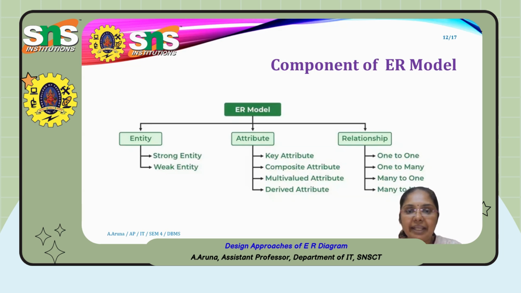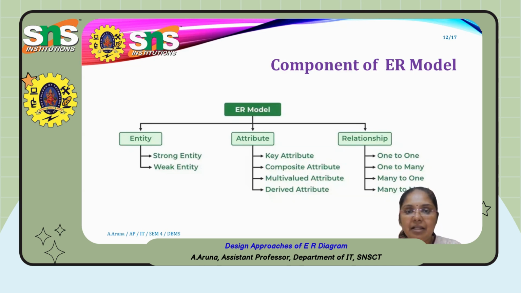For example, if you take an address, it is a composite of so many things: street number, door number, street name, the post, and also which place it belongs to, such as district, state, country, and pin code. All these are composite parts that form an address. So address is a composite attribute.